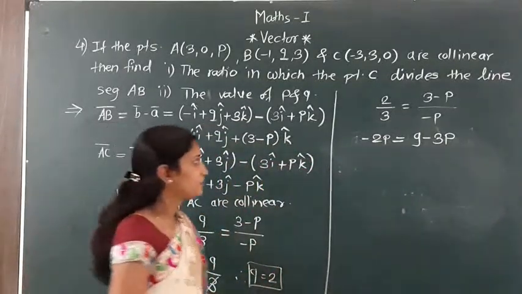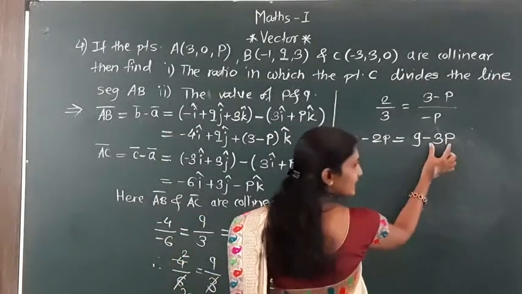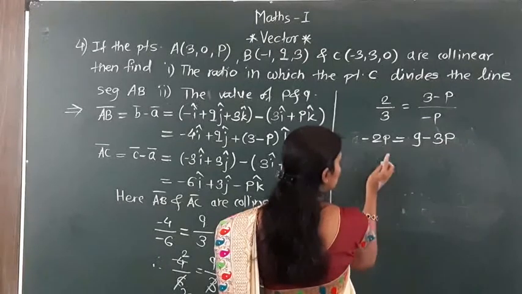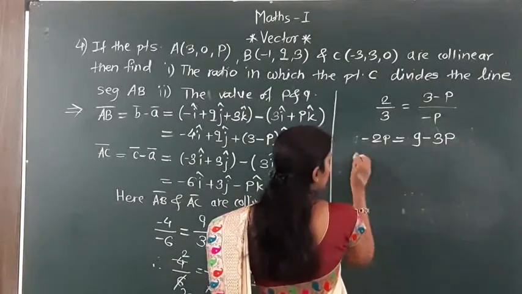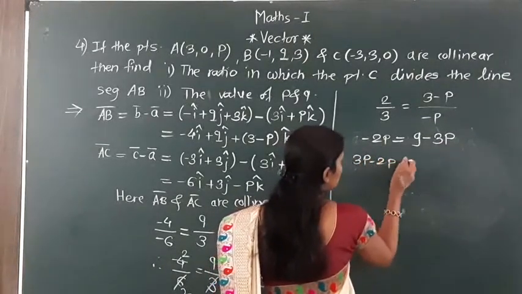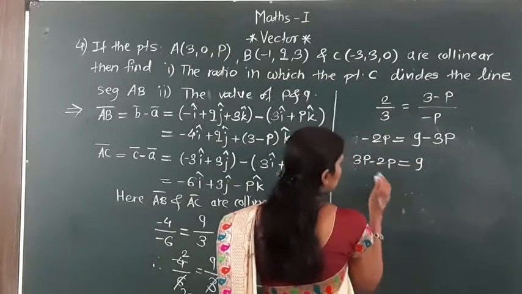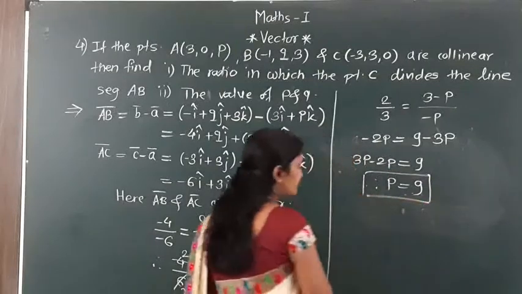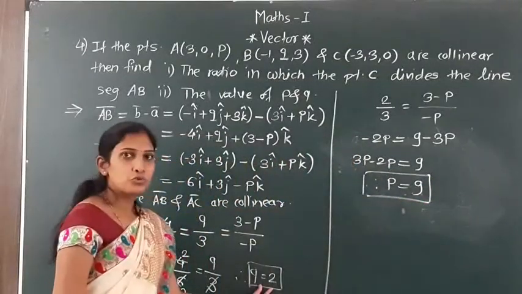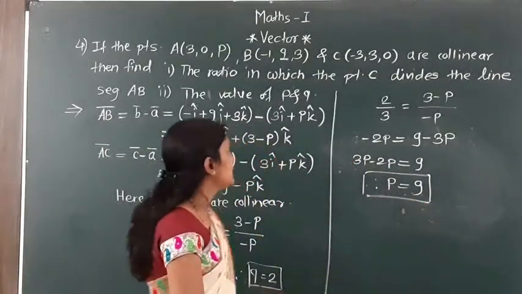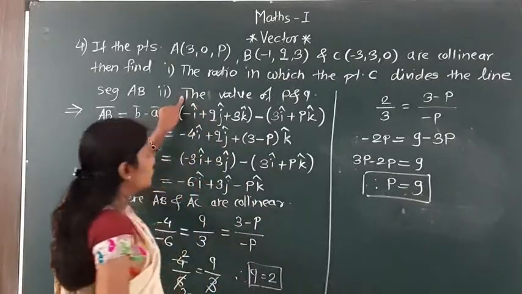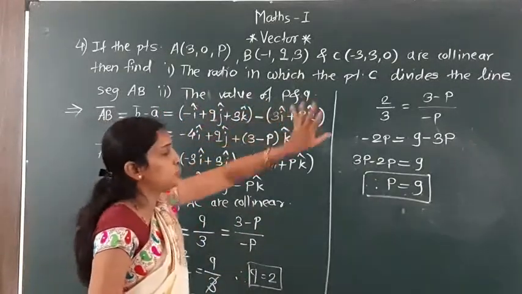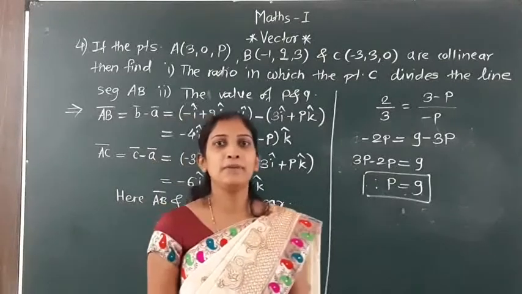Here this term is negative, so it becomes positive, plus 3p. 3p minus 2p is equal to 9. Here 3p minus 2p is p, so p is equal to 9. So q is equal to 2 and p is equal to 9. This is the answer for the second question, the value of p and q.